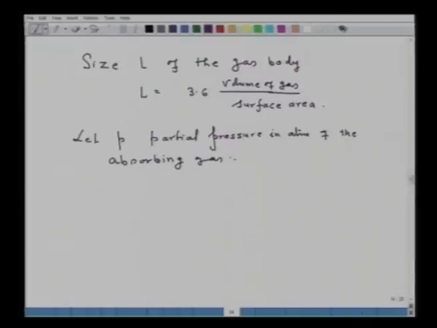Now, the proportion of radiant energy absorbed will depend upon the number of molecules in the path of the beam. That means the amount of radiation will depend upon how many molecules of that particular gas are present. For example, if we have a mixture of CO2, H2O, N2 and O2, we have to find out how many molecules of CO2 are present, because only those will decide the amount of heat transferred.